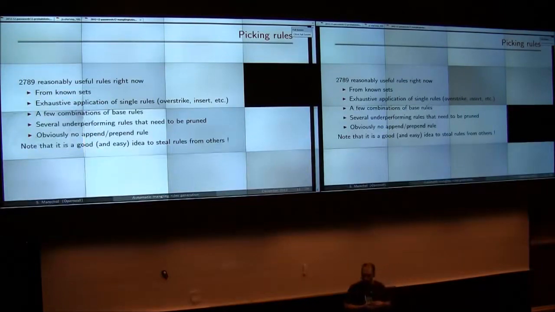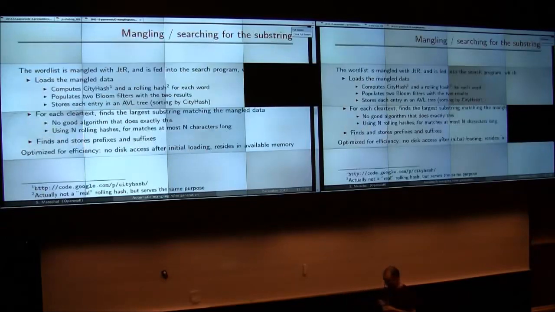There are still very badly performing rules in the set that need to be removed. And obviously, I didn't add any appending or prepending rule. And it's easy with this tool to steal rules that work really well in other people's sets, so you should do it.